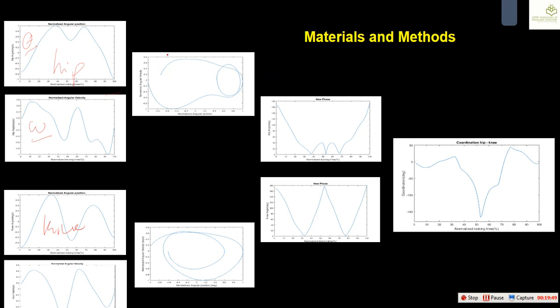After that is the phase plane. We constructed the phase plane for each joint, and after that we calculated the phi angle, or phase angle, for each joint, and after that subtracted the phase angle of the proximal from the distal to calculate the CRP.